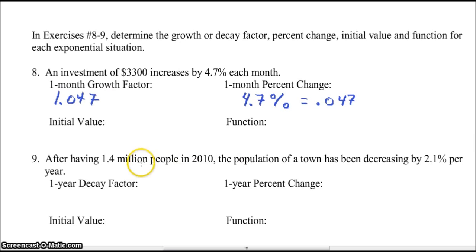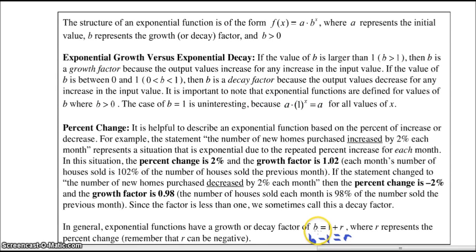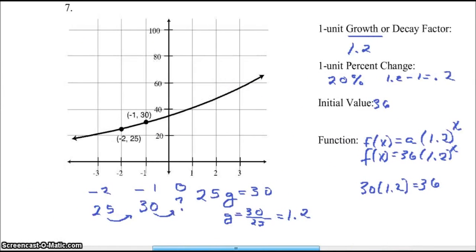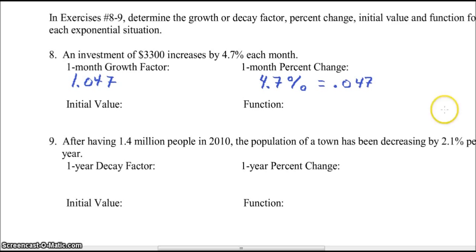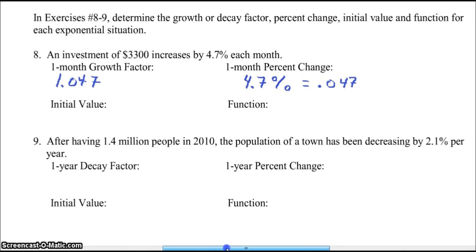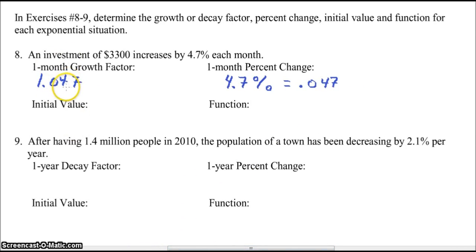You may remember from that box in Module 3, or investigation, the growth factor is B equals 1 plus R, where R represents the percent change. So, that's sort of how I did it here, 1.047.